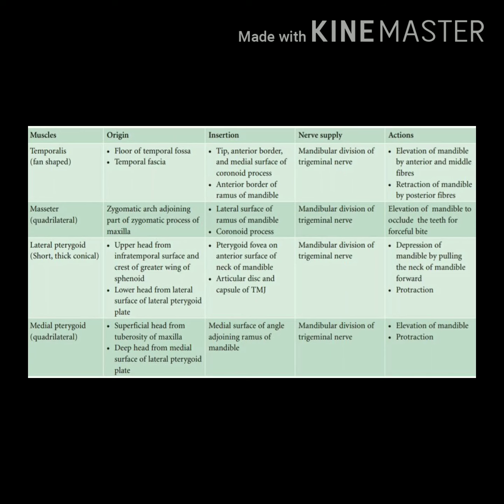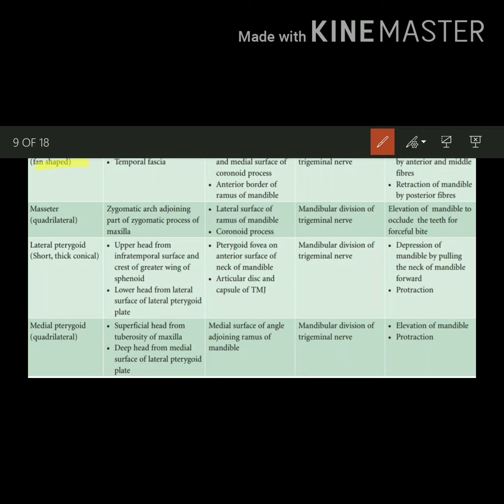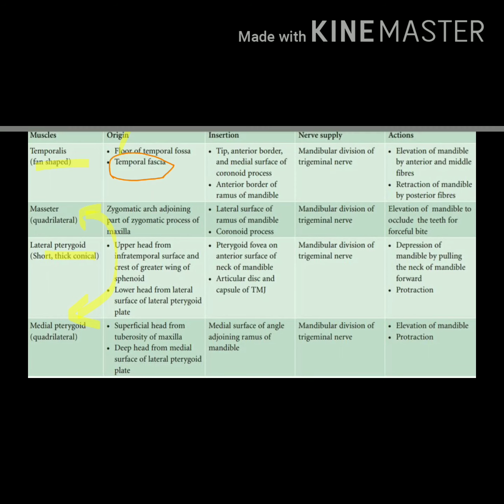Now coming to the muscles of mastication. The temporalis muscle is a fan-shaped muscle. Lateral pterygoid is a short, thick conical shape, whereas the other two are quadrilateral. Now coming to the origin, the temporal fascia plays an important role in formation of the temporalis muscle as well as the floor of the temporal fossa.